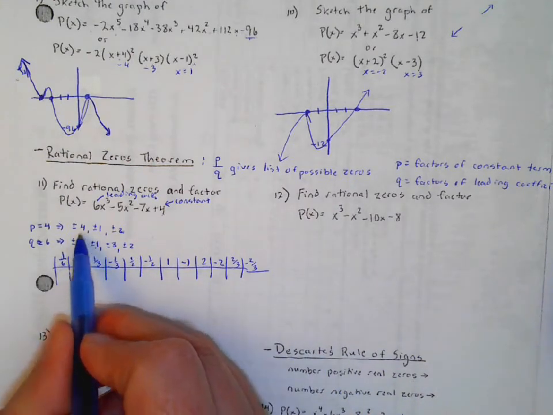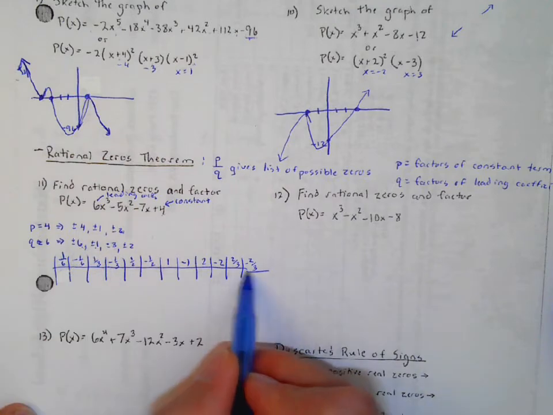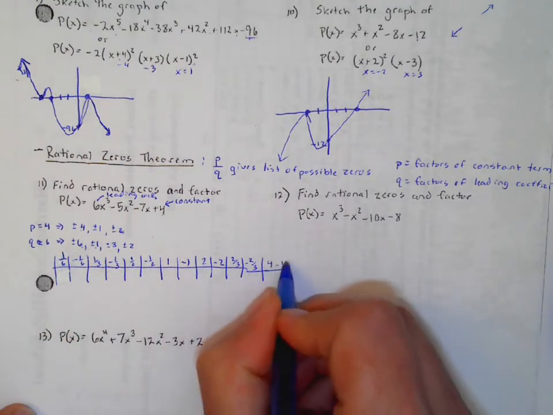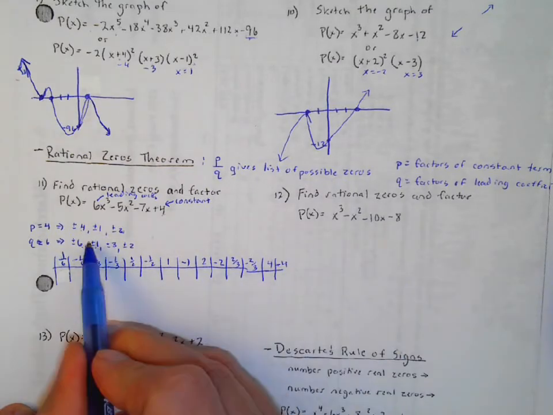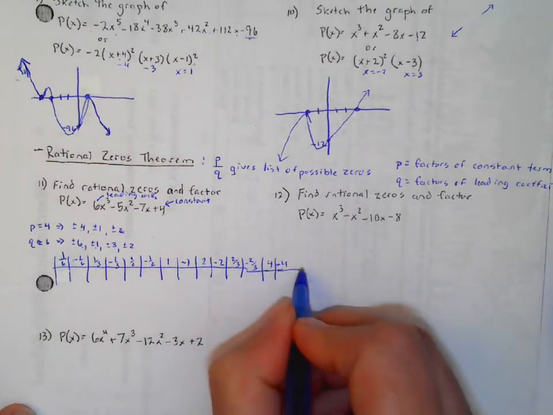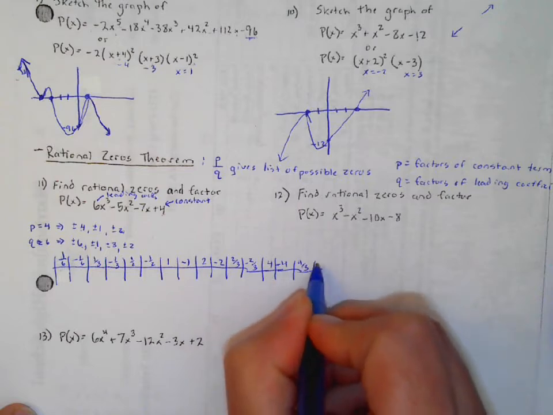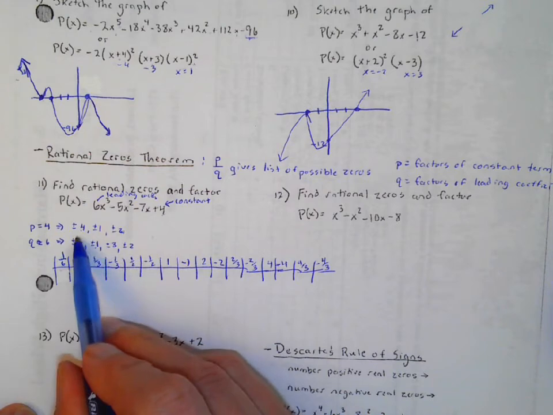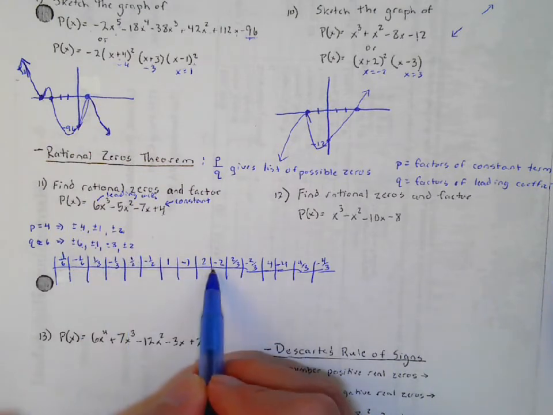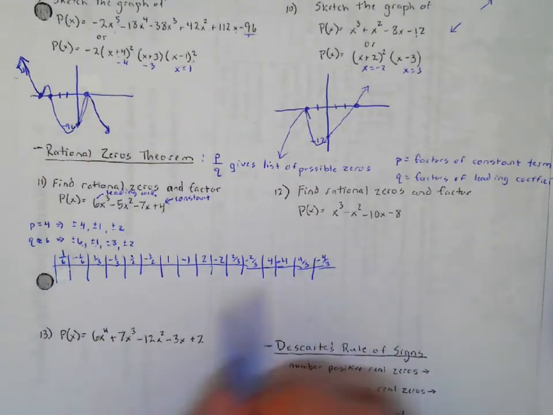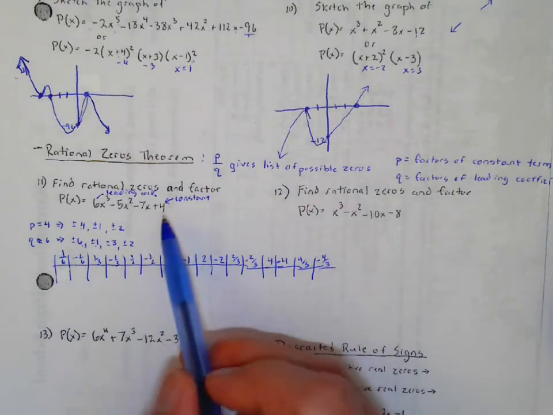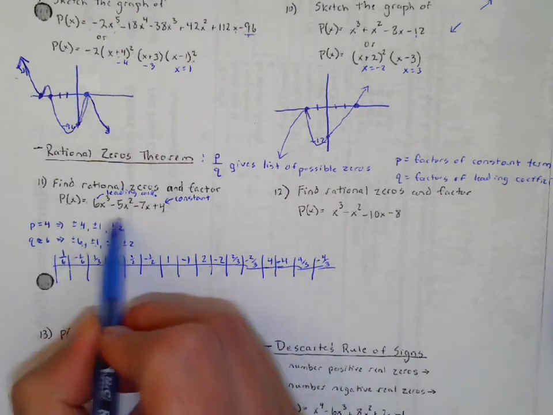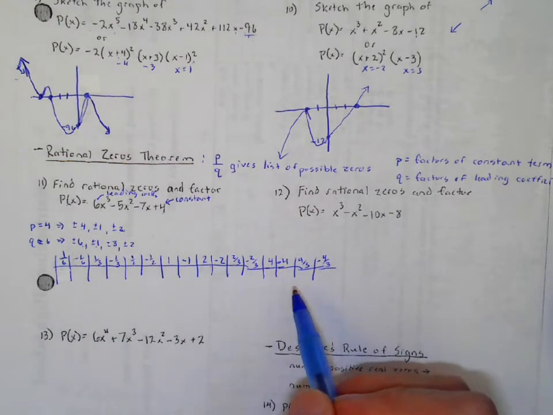Take the 4. 4 divided by 6 is 2/3, we already have. 4 divided by 1 would be 4 and negative 4. 4 divided by 3, 4/3 and negative 4/3. And 4 divided by 2 is 2, so we already have the 2's there. So these are all the different possible places where we could have zeros for this solution. When I set this equal to 0 and solve, these are the possible places where it could be.